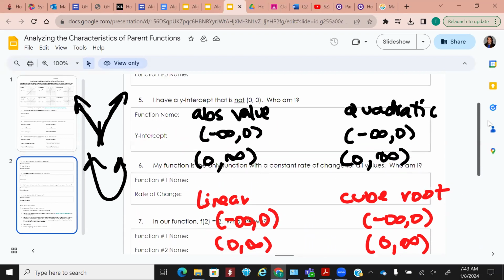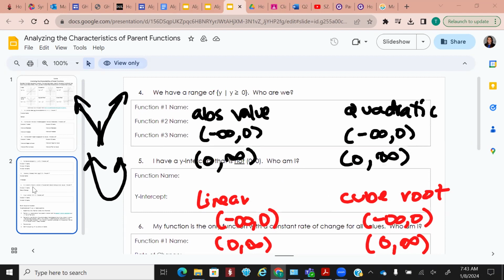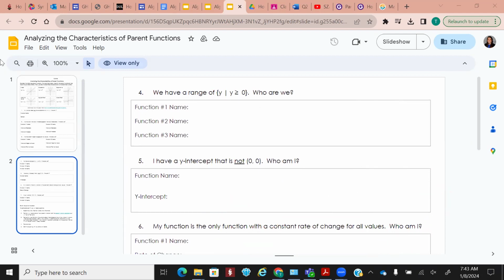All right, so number 4, 5, and 6. Let's talk about those. So what'd you get for 4? What is a range that's greater than or equal to 0? I know one of them is quadratic.